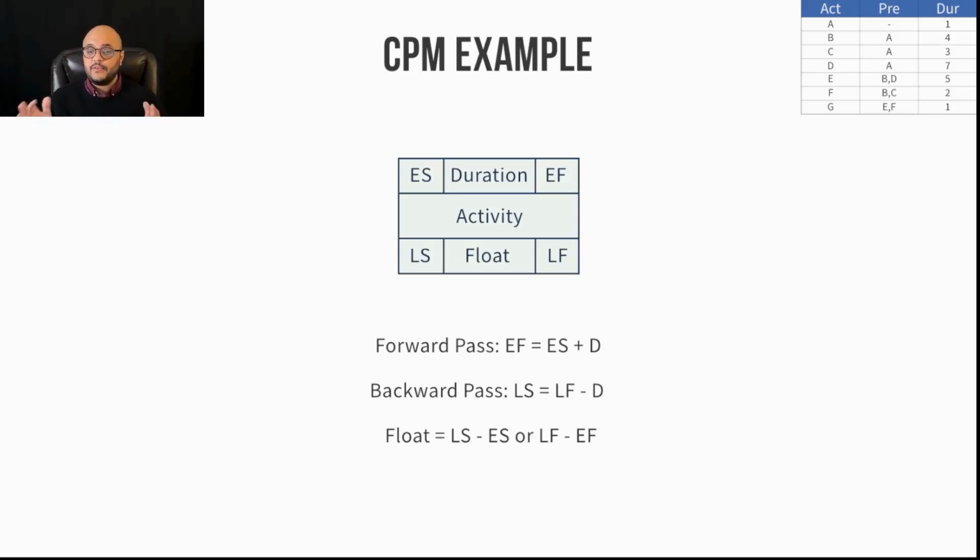And if you've done your forward and backward passes correctly, then it won't matter which one of those two formulas you use for float, they'll give you the same answer. If they give you different answers, you've done something wrong. So keep in mind this box that I have up here because it's going to guide you along the way. So let's start.